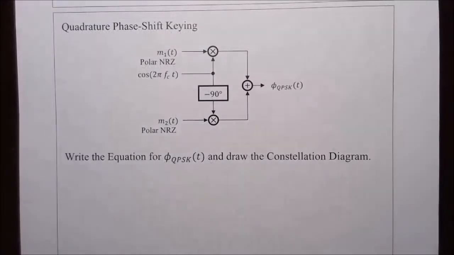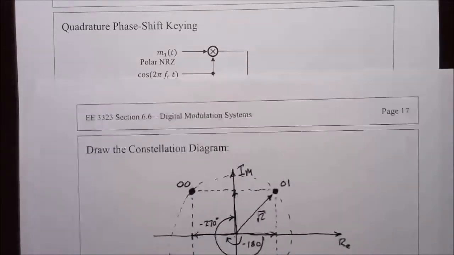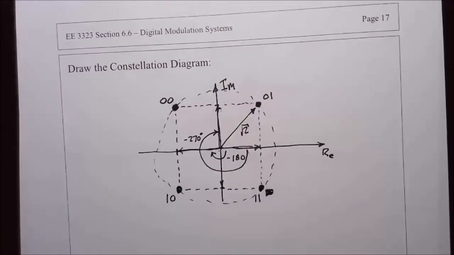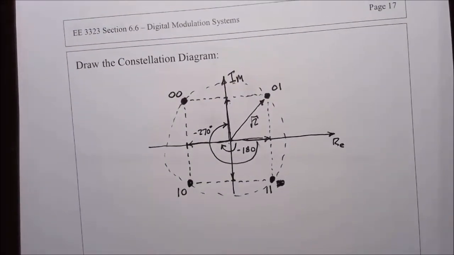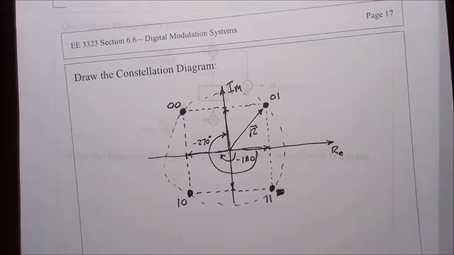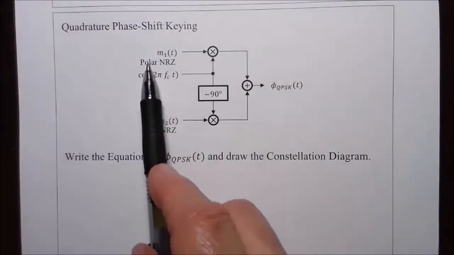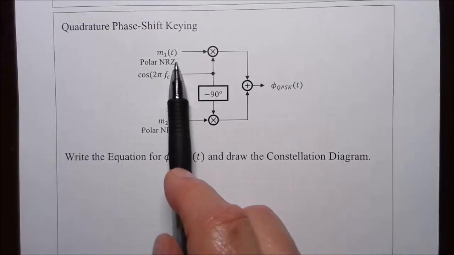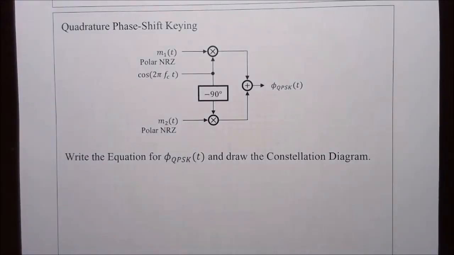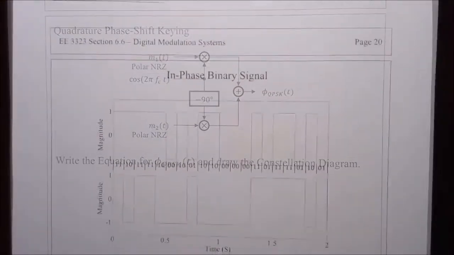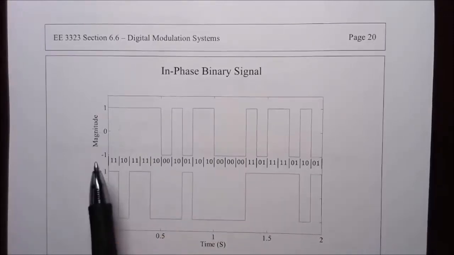The constellation diagram we've already drawn. This produces exactly the same kind of constellation diagram as we saw before for the 4 symbols 0, 0, 0, 1, 1, 0, and 1, 1. I've got message signal M1, which is a polar non-return to 0 signal, which is illustrated with the in-phase binary signal.